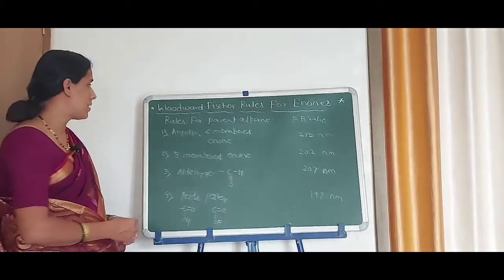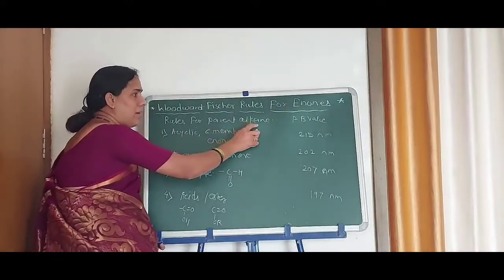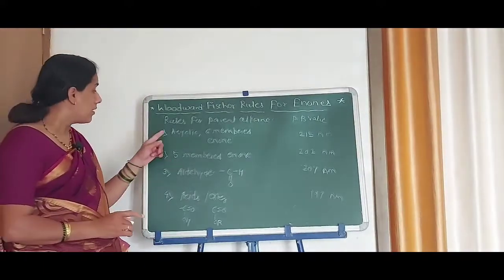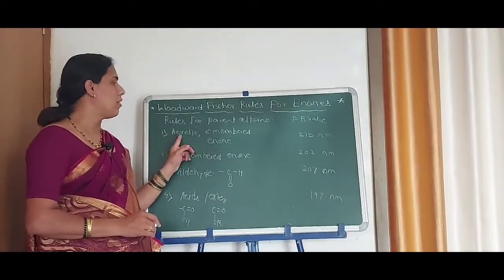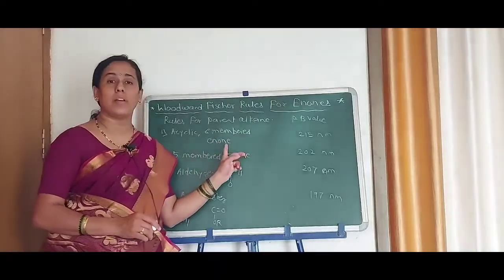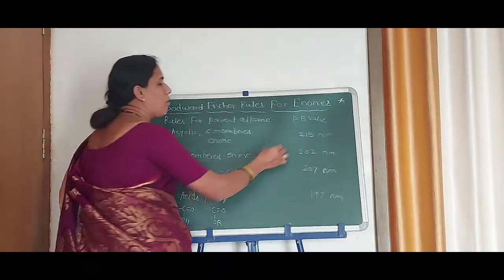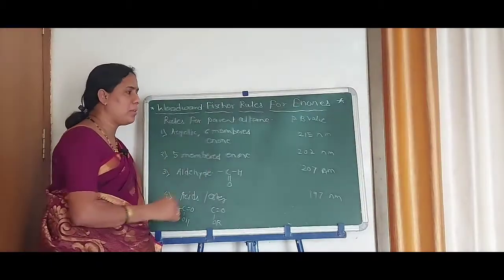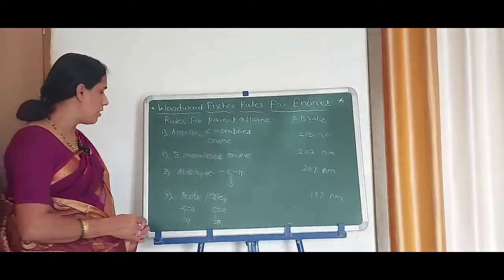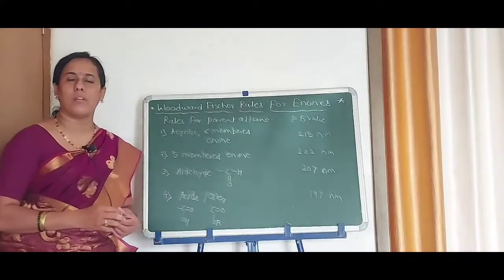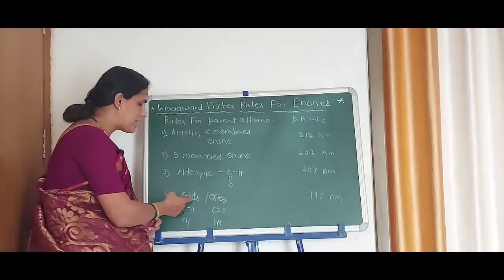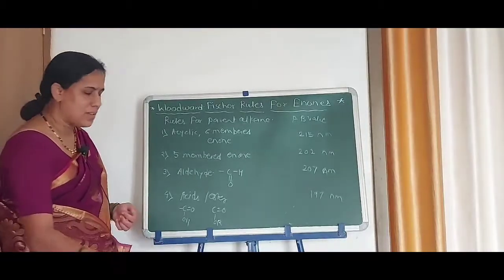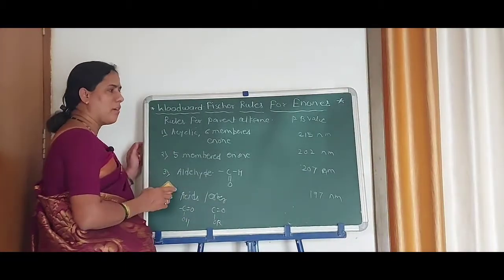Again I will repeat this. For the parent enone, when the given compound is an acyclic or six-membered enone, it has the value 215 nanometer. For a five-membered enone, 202 nanometer. For an aldehyde, 207, and for acids or esters, 197. Let us consider examples one by one.